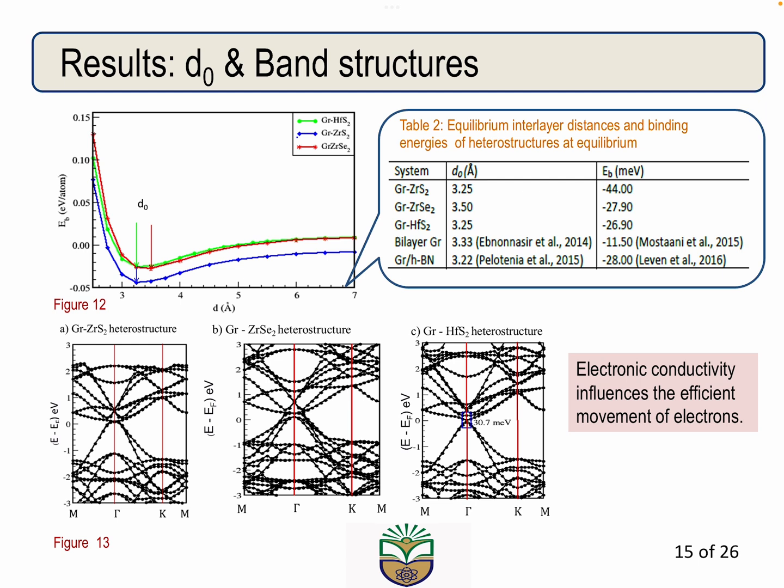So once we identified our best heterostructure, the next thing we did was to determine the interlayer distance that was most appropriate between our two layers. And to determine this, we needed to plot the curve that we would obtain when we compare the binding energy against the interlayer distance.